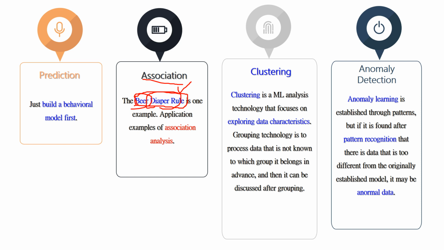Because his daughter was just a senior high school student, the father asked the manager, why did you send a DM about pregnancy? But later on, they found that the high school girl was actually pregnant, really pregnant. So the father changed his attitude and apologized. So that's a very famous story about marketing.